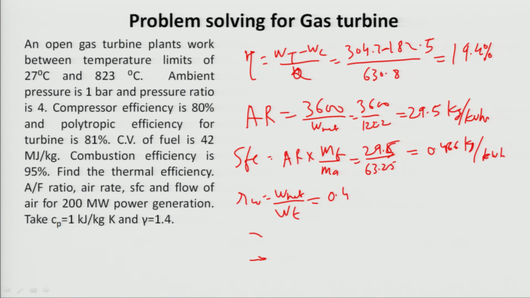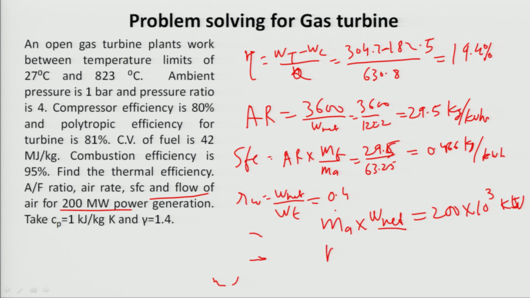Now, we have to find out air flow rate for 200 megawatt capacity. 200 megawatt plant capacity, we have to find out the flow rate of air. Suppose mass rate of flow ma dot into work done per kg of air, net work output per kg of air, is going to be equal to the net power capacity of the plant, 200 into 10 to the power 3 kilojoule. Because 200 megawatt was there, we have converted to kilowatt, and W net you have found earlier.